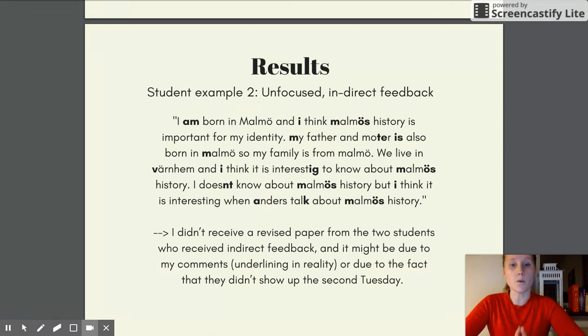I can't say why, because it might be due to the fact that I gave unfocused and indirect feedback, but it might also be because the second lesson was voluntary as well. So he might be occupied with something else. So I can't really analyze this. However, this was the procedure.